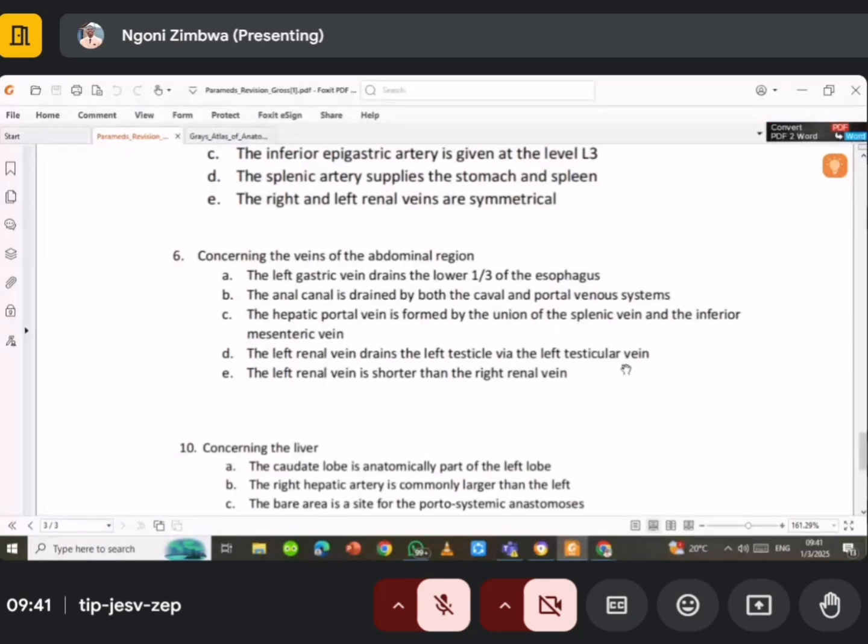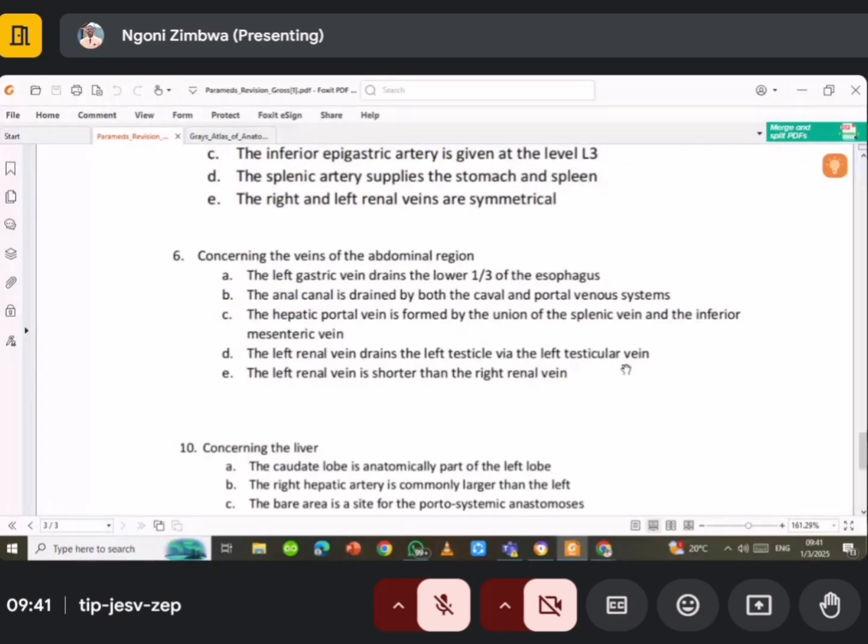Then three, you're going to have the anterior abdominal wall, that is between the following veins: paraumbilical vein, thoracoepigastric veins, right?